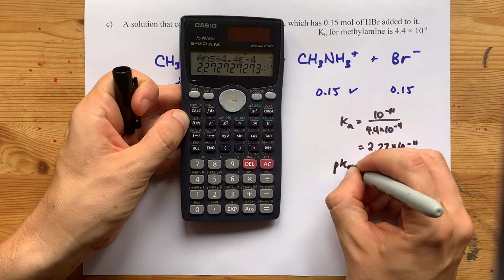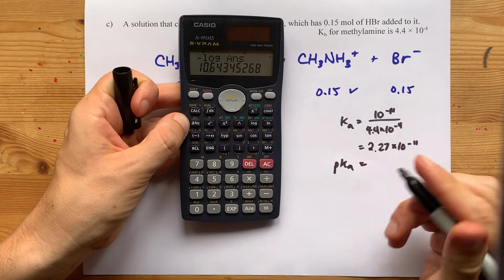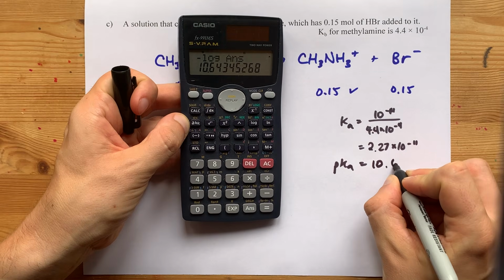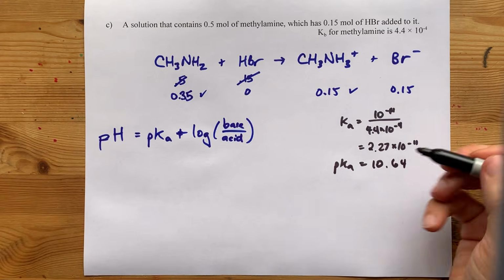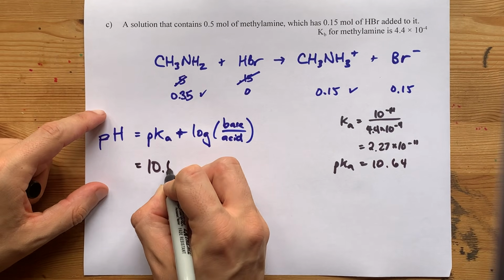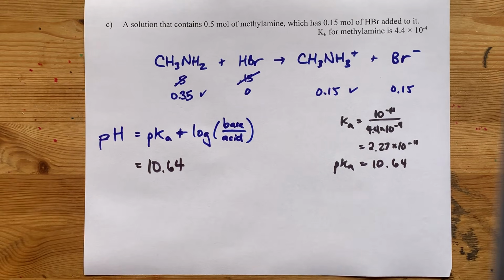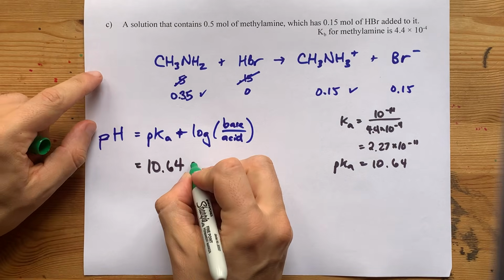And so the pKa is the negative log of that number, 10.64. Note that that, as a starting point, definitely implies that we're going to have a basic pH here. That's way above 7. But let's see this through.